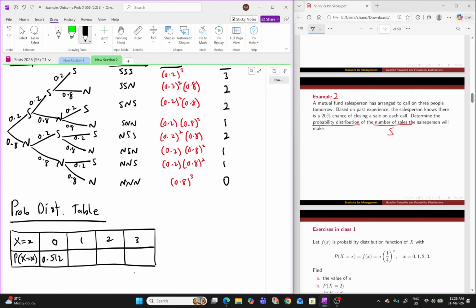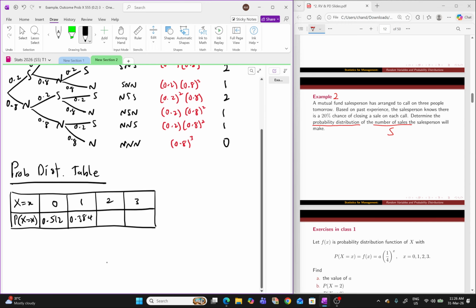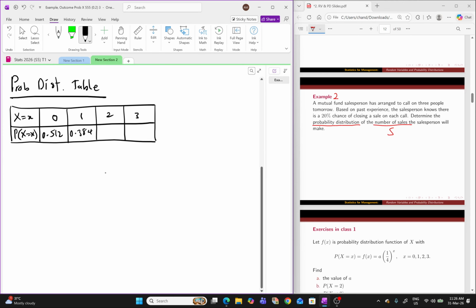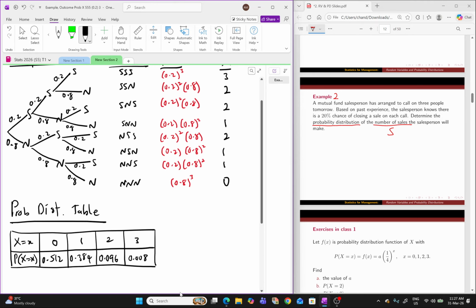So if you press in the calculator, you should get 0.384. You guys get this? Try to press. Did you get it or not? Got it.